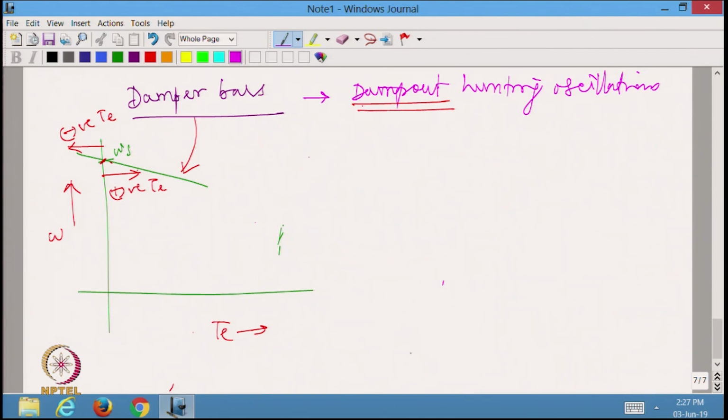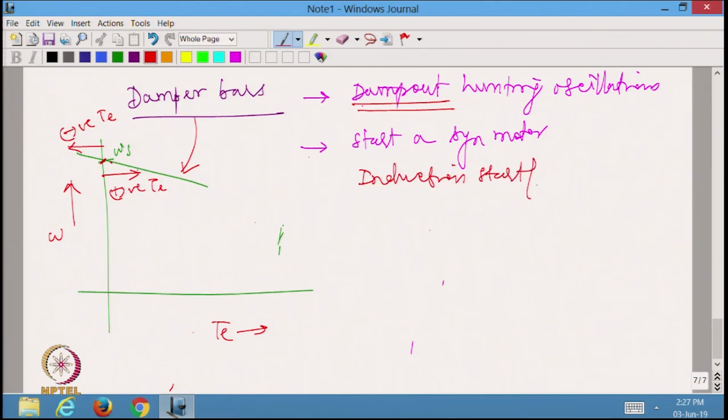The second purpose of damper bar, which we discussed already, is to start a synchronous motor. This we talked about earlier as induction start synchronous run motor, if you may recall. So, this is another purpose of damper bars, presence in the case of a synchronous machine.